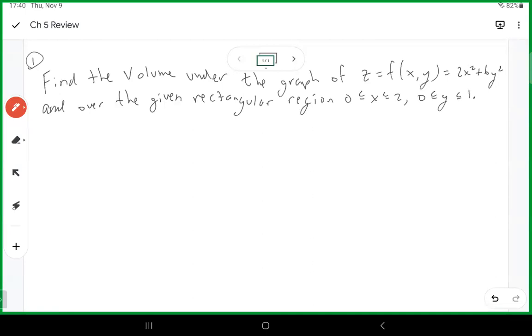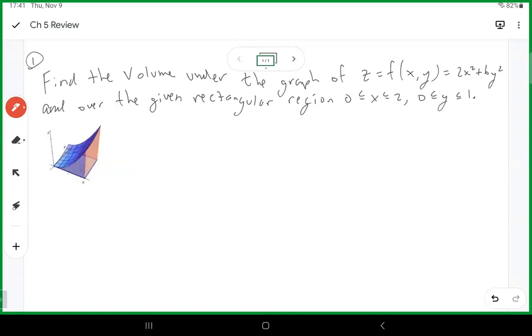Okay, so this is going to be what the picture looks like. So that's what we're looking at.